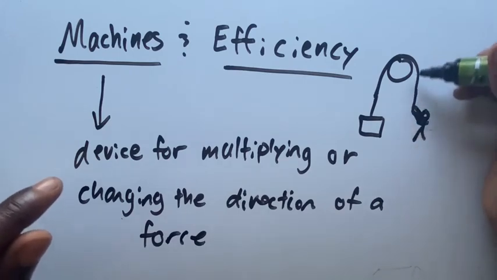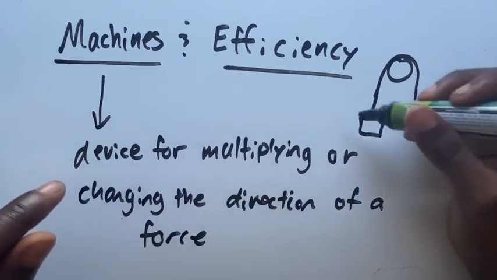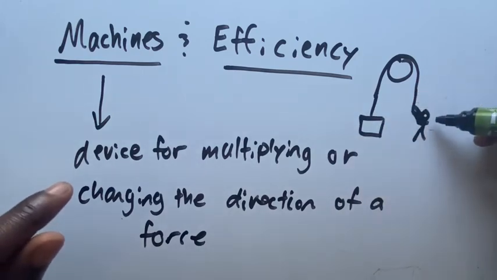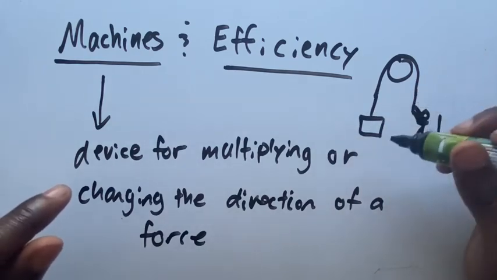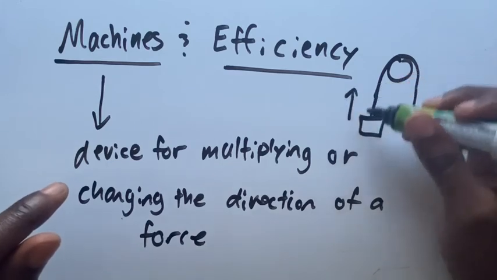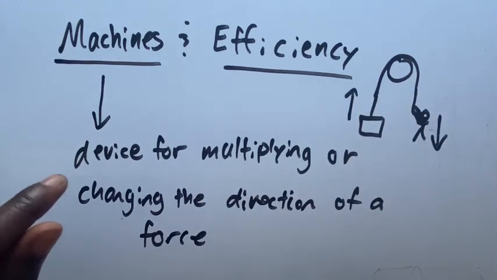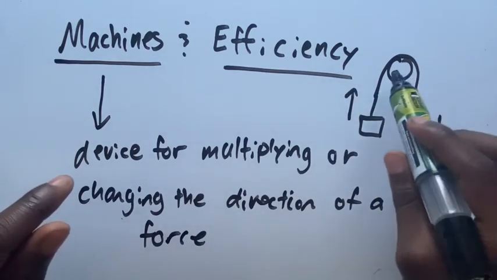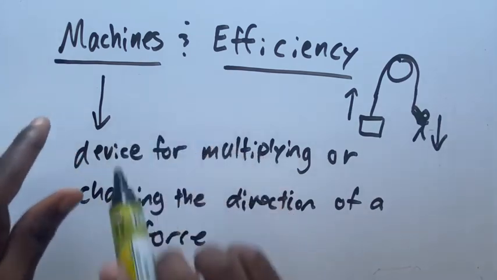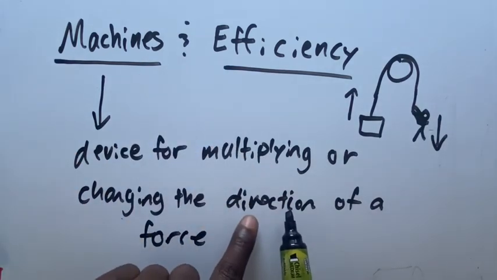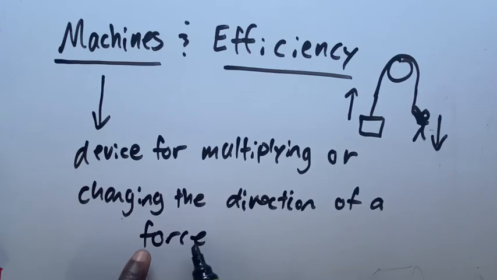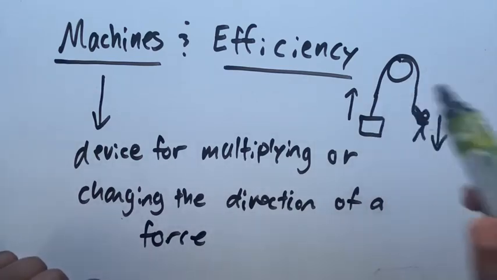If you pull downwards on this pulley, this block is going to go upwards, right? So this pulley is a type of machine because it's changing the direction of the force that you apply.